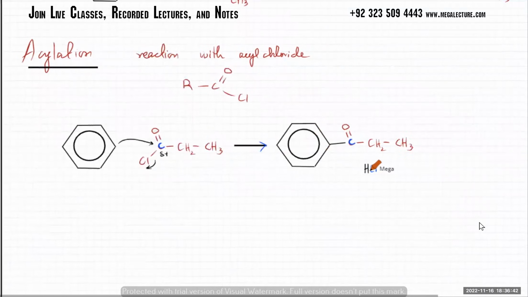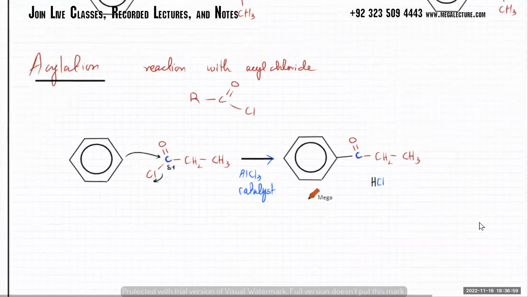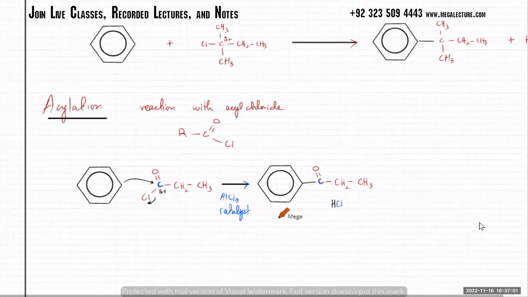So that's acylation. That's it. Or it's kind of you need a catalyst as well. That's AlCl3. So that basically summarizes electrophilic substitution, all of it.